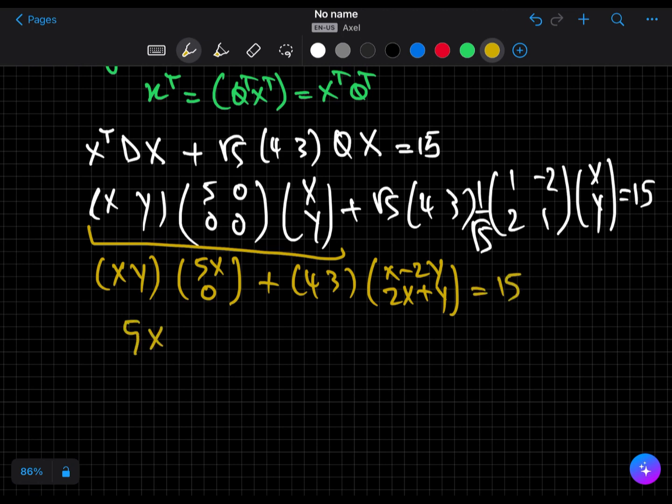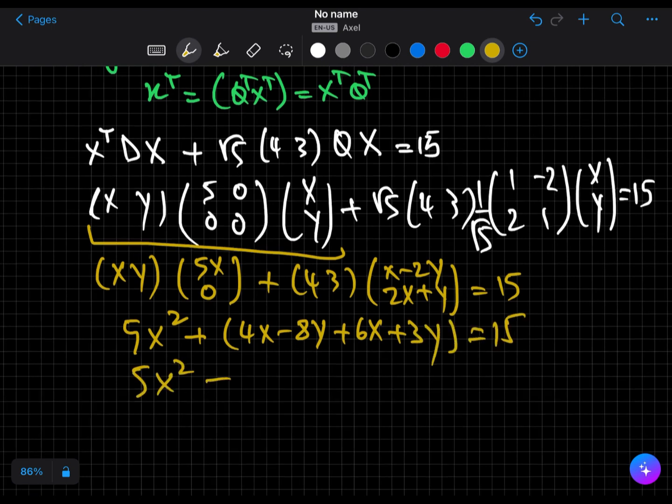So this gives me 5x squared plus 4x minus 8y plus 6x plus 3y equal to 15. So 5x squared plus 10x minus 5y equals to 15.